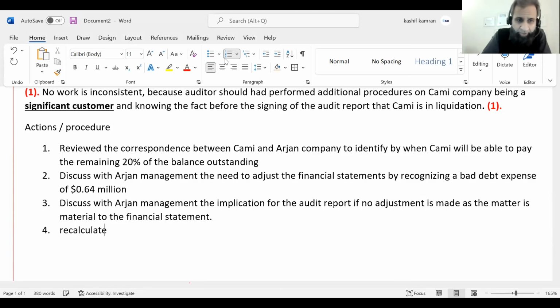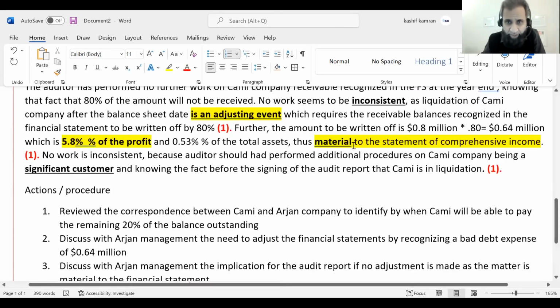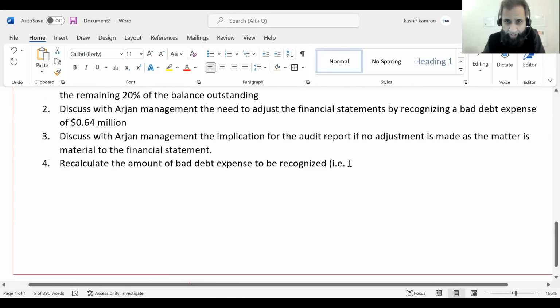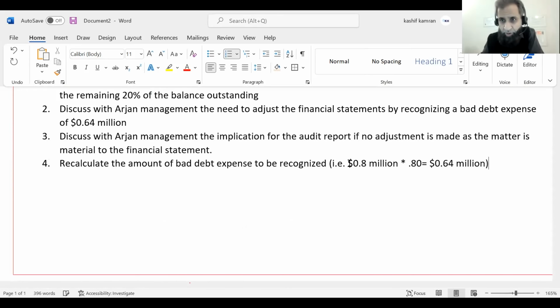Procedure. Recalculate the amount of bad debt expense to be recognized. That is the calculation. You can show the calculation, right? Just like we showed above, in brackets.